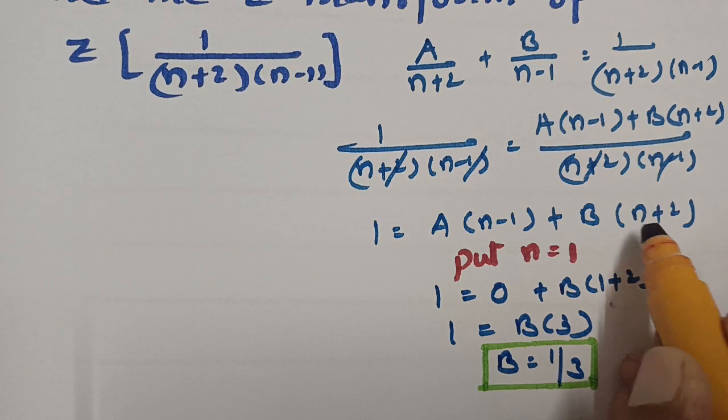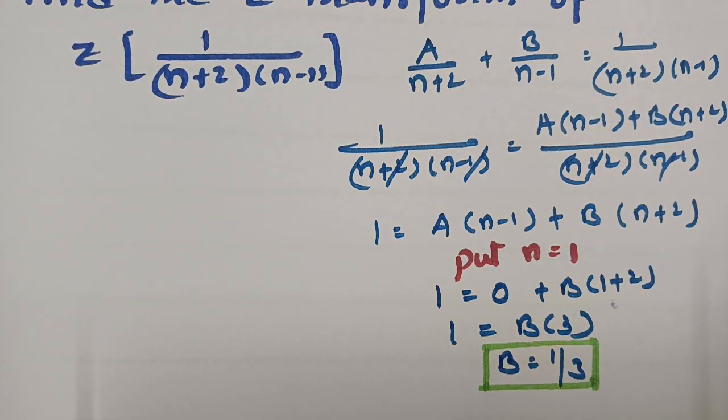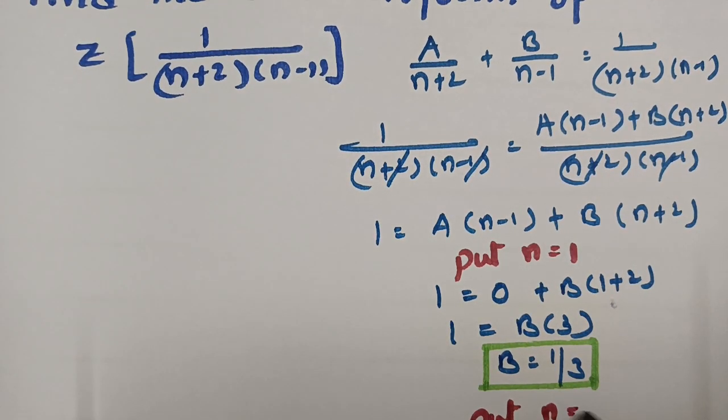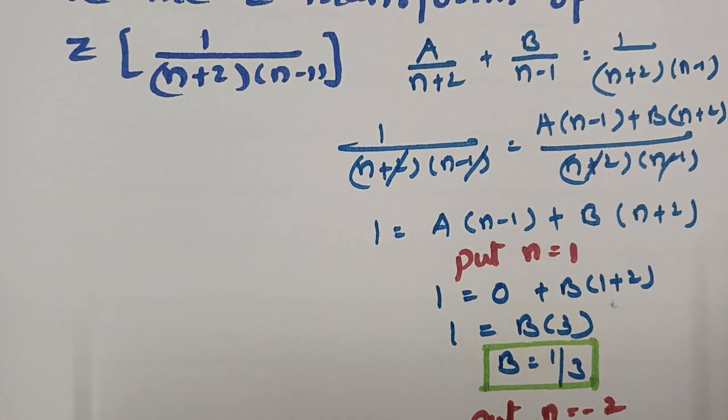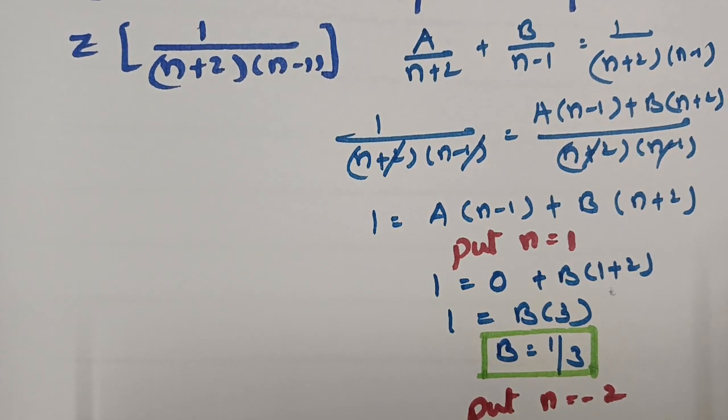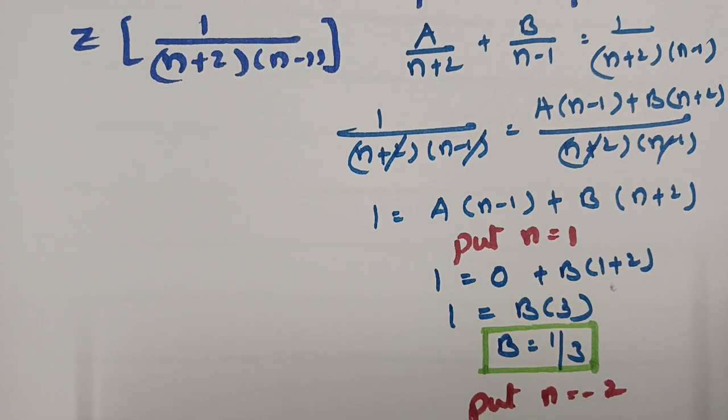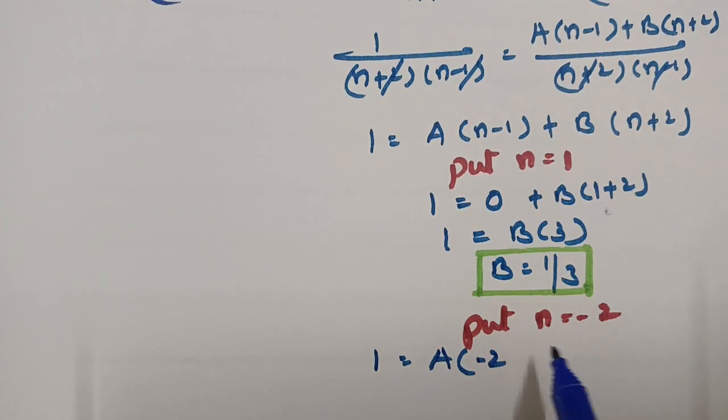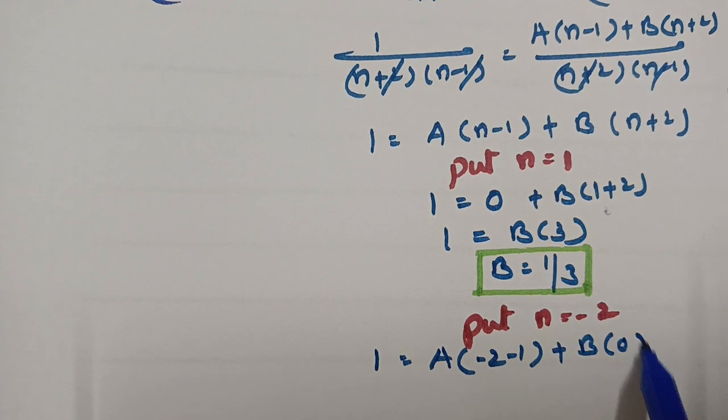So now which value? n is equal to minus 2. If I keep n is equal to minus 2 here, 1 is equal to a into (minus 2 minus 1) plus b times 0.